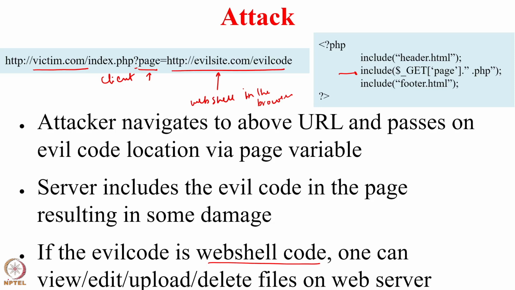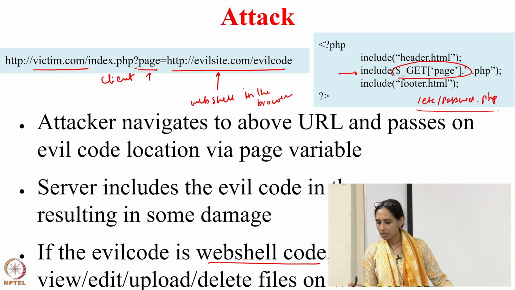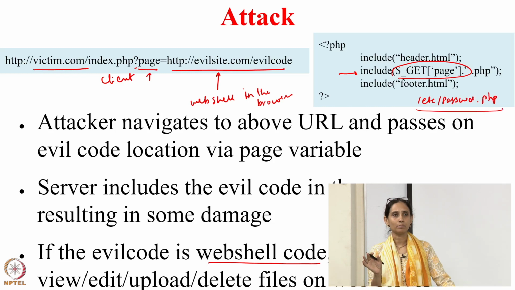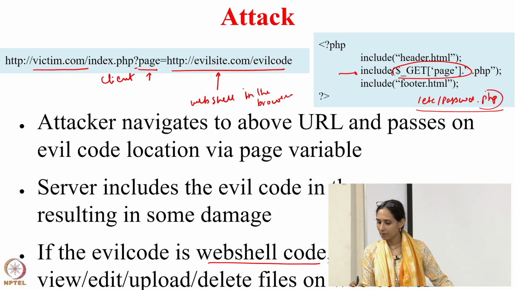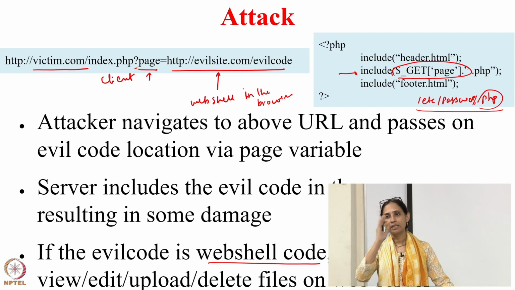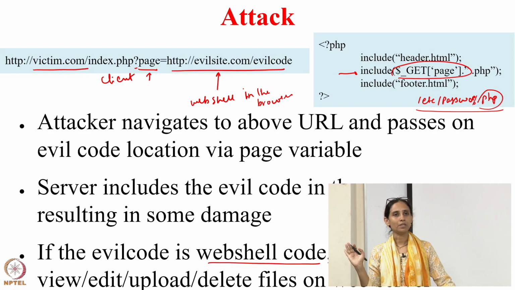If you see here, this is /etc/password, but then it is adding this .php and it will try to include this file, and there will not be any such file, because the file is only /etc/password, it is not /etc/password.php. Now, if you want to terminate this, here you have to put that null character, then it will terminate that .php and it will only include /etc/password.